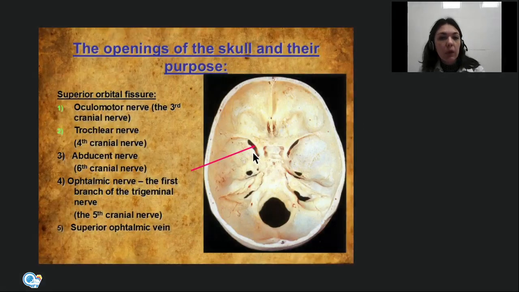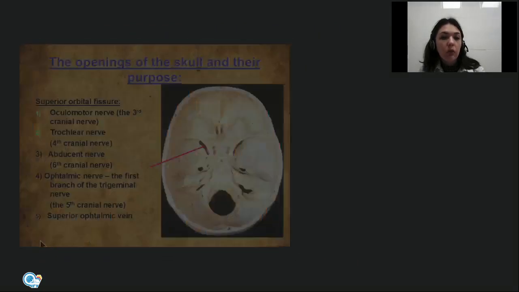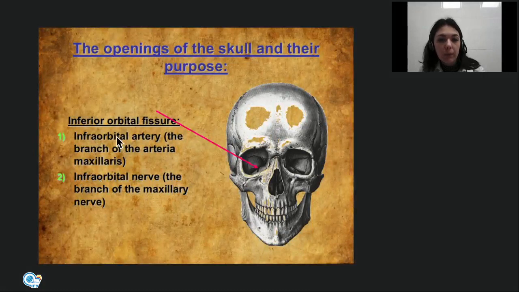Here we can see between lesser wings of sphenoid bone and greater wings of sphenoid bone, superior orbital fissure, through which, I have already told you, oculomotor nerve passes, it is third pair, trochlear nerve fourth pair, abducens nerve sixth pair, and also first branch of the trigeminal nerve, it is ophthalmic nerve, as well as superior ophthalmic vein.